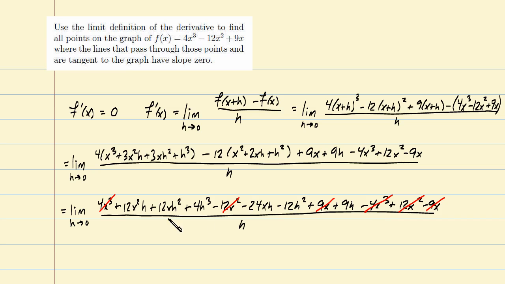And further, notice there is an h on every single one of the terms that are left, which means I can factor that h out and hopefully cancel it with what's below.